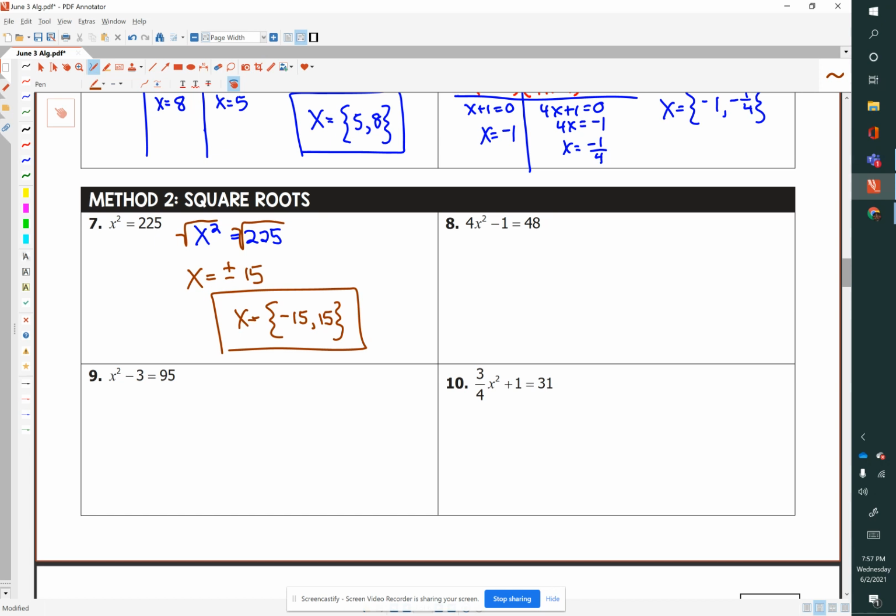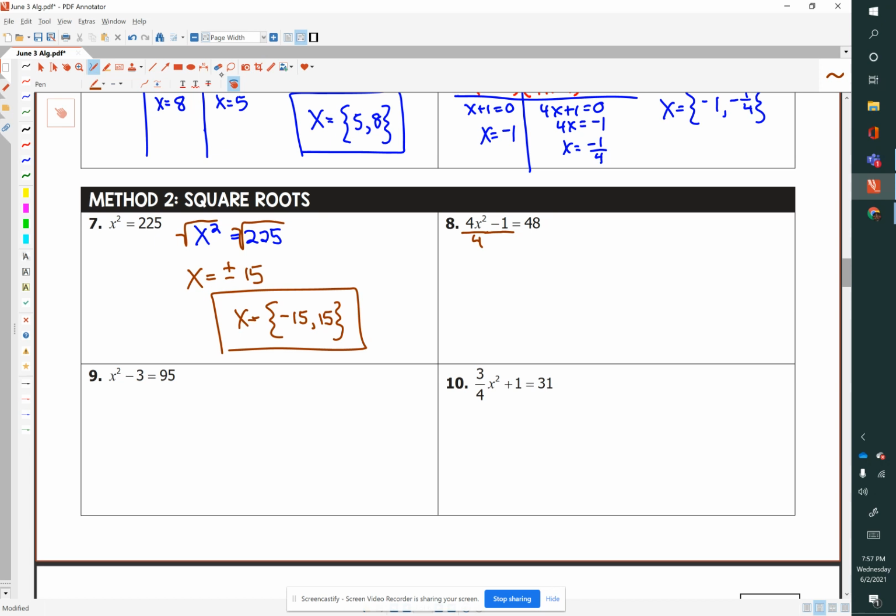Okay, 4x squared minus 1 equals 48. I think the first thing I want to do is divide both sides by 4. And let's move the 1 over.